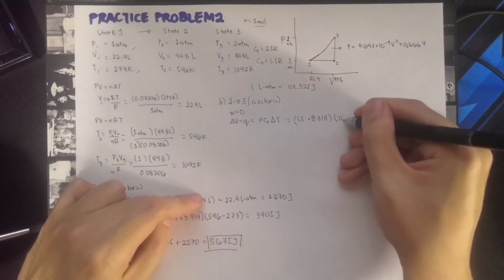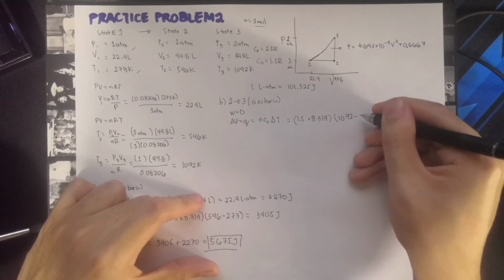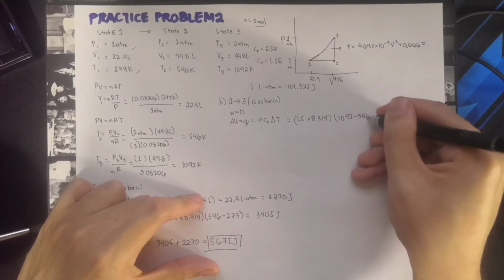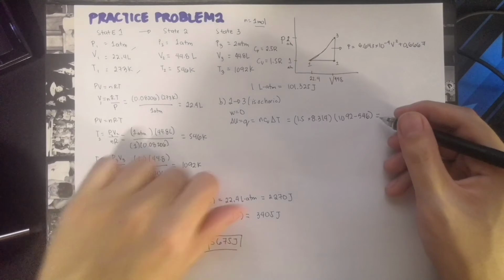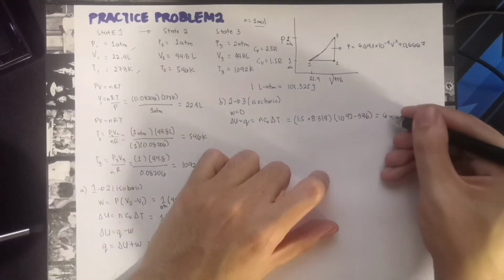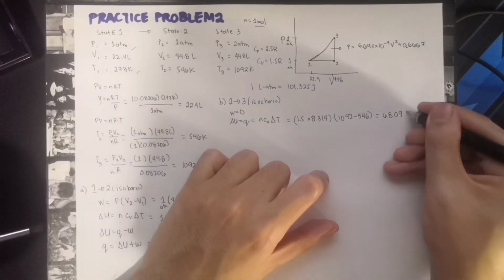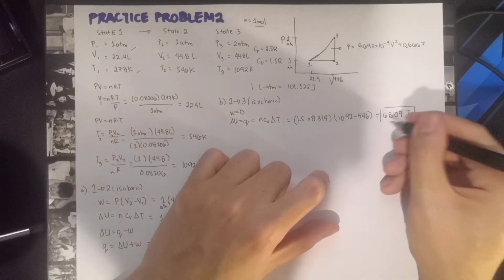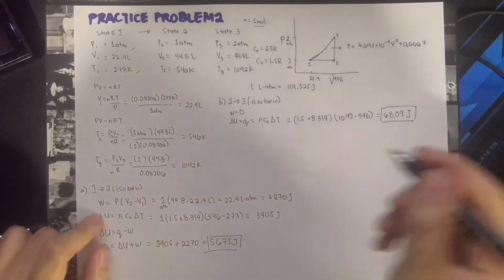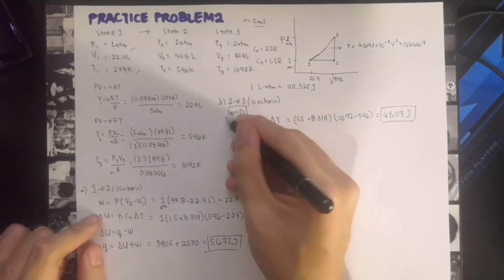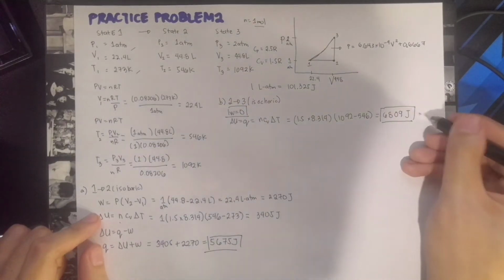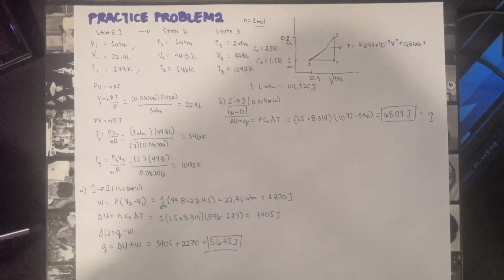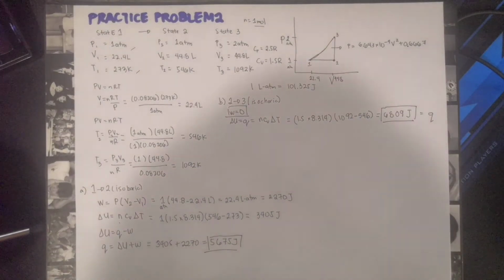Delta T is 1,092 minus 546. This will be equal to 6,809 joules. So the work is 0, and Q is equal to 6,809 joules.